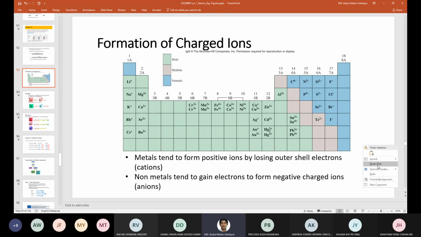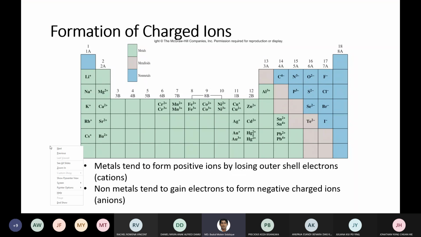Here, the direction is going down and then left.